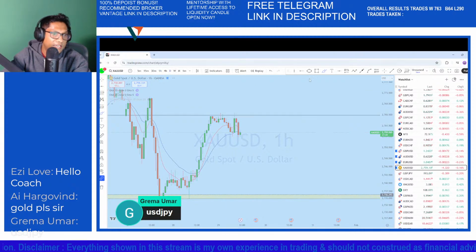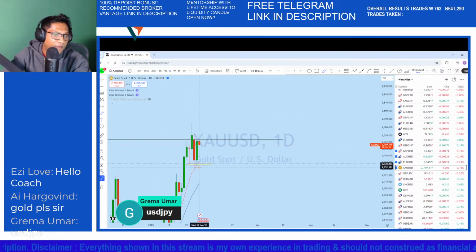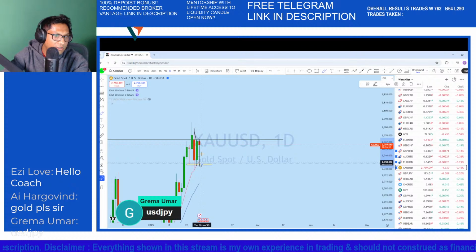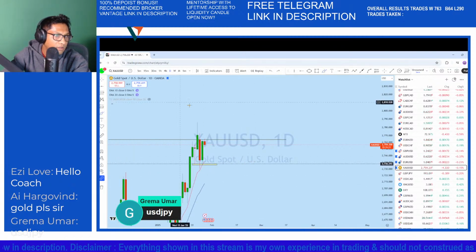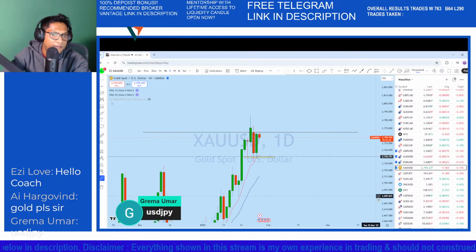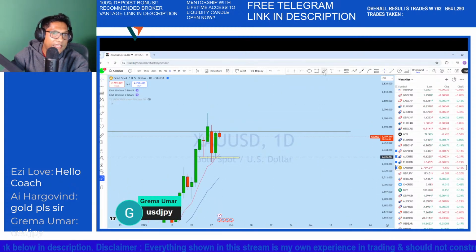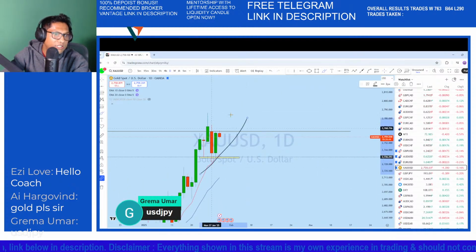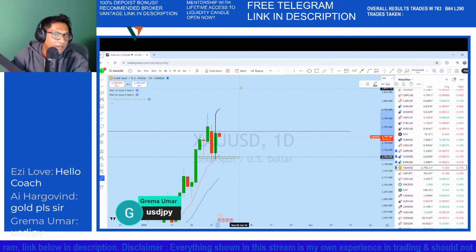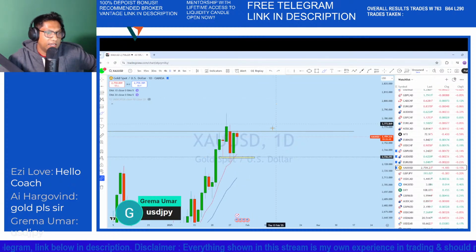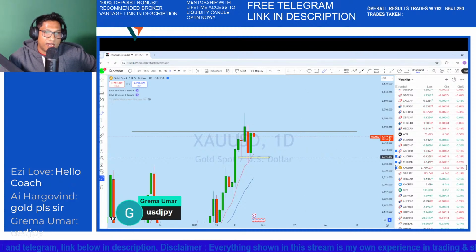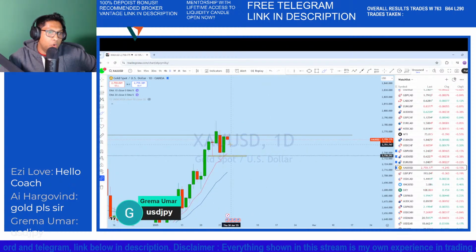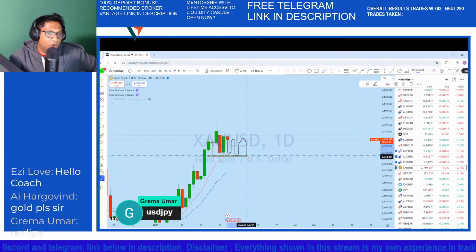If we look at the daily, we can see that after this daily green candle, the market is slowly trying to lean back to the downside, and in that area where there is a daily green candle, this is a support level. What I think is that the market might potentially move sideways here.